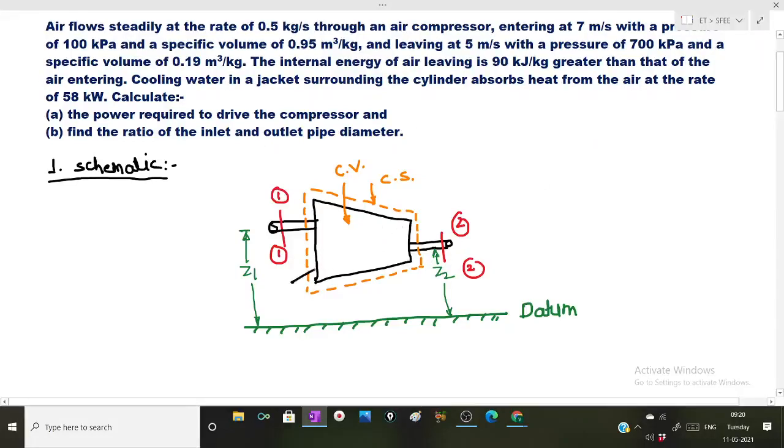Let's say there is a work input to this compressor represented by dWs by d tau, and let's say there is a heat transfer from this compressor, dQ by d tau. So this is the required schematic of this compressor.